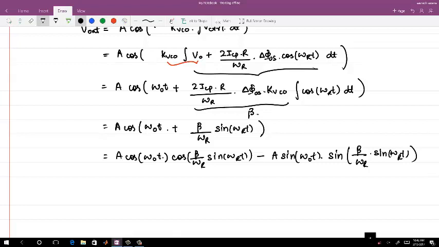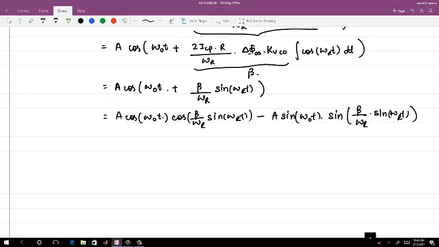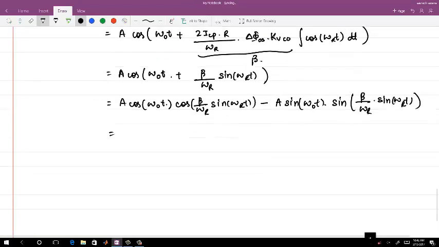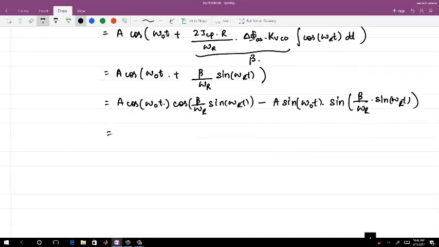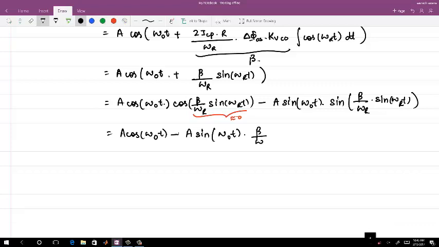If there is anything wrong, because we are writing so many equations, just let me know; there might be some plus or minus errors here and there. Now I assume that this value is very small, so cosine goes to 1 and sine theta goes to theta. This gives cosine omega naught t minus sine omega naught t times beta by omega R into sine of omega R t.